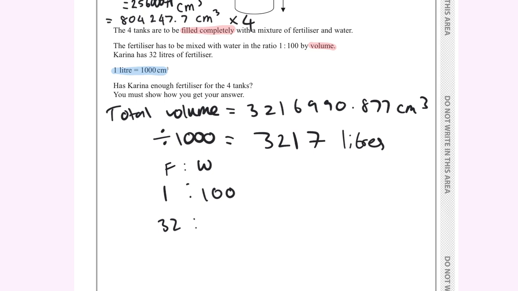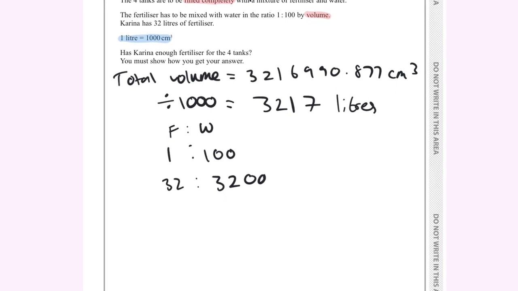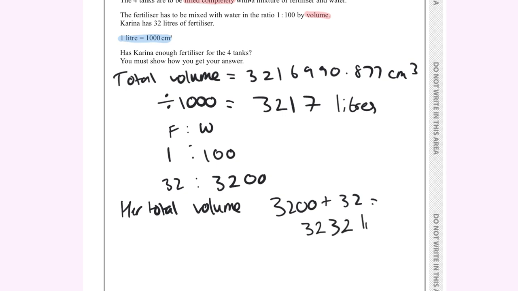So we need to times that by 100, because 1 to 100, so times by 100, we get 3,200. So the total volume that she has available to her in litres is going to be 3,200 plus the 32 litres. So 3,232 litres. So that's how much she has.